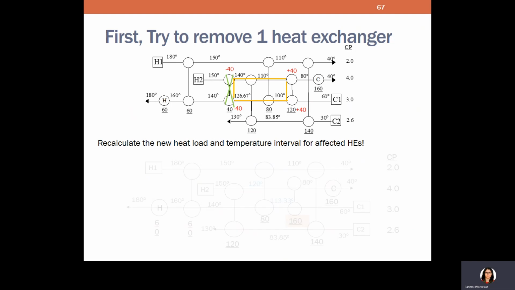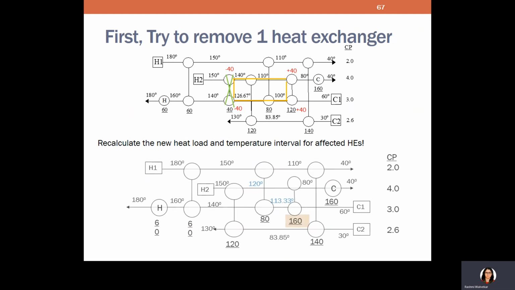Now this becomes your simplified network, with a total of 160 kilowatt. You should also note that the temperatures of the streams will also change with the heat duty. So calculate the temperature of the stream using Q equals mCp delta T.